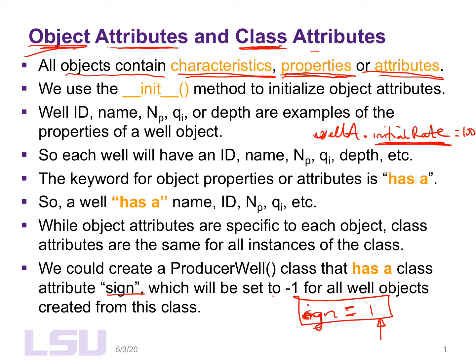If you have 1000 wells created from a producer well class, and in that producer well class, you have a class variable called sign, and you set it to 1, all 1000 of them will have a sign of +1, indicating the well, actually -1, indicating it's a producer. +1 will be indicating it's an injector.